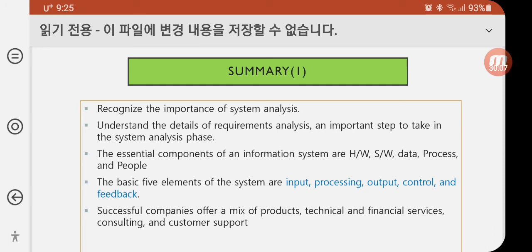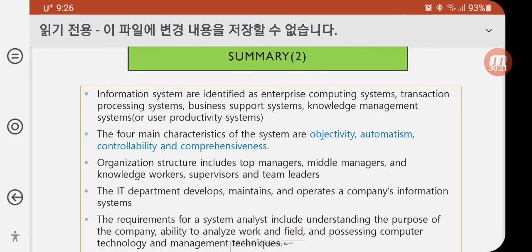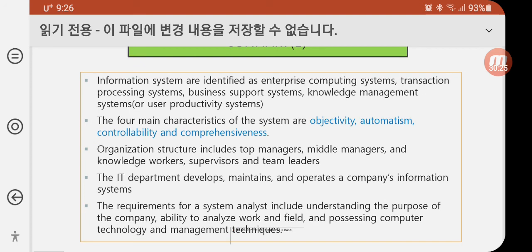Successful companies offer a mix of product, technical, and financial services, consulting, and customer support. Information systems are identified as enterprise computing systems, transaction processing systems, business support systems, and knowledge management systems.